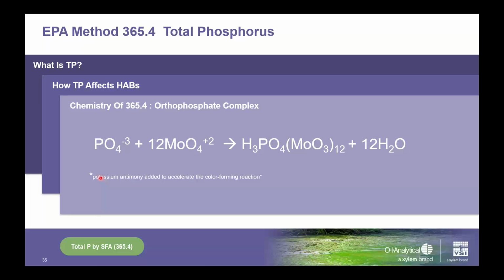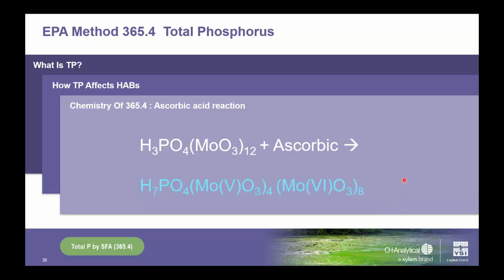Now, the analysis is going to be accomplished by reacting with an ammonium molybdate antimony potassium tartrate solution, which is a bit of a mouthful. But what you're really forming here is phosphomolybdic acid. This is going to become the primary reactant going forward.